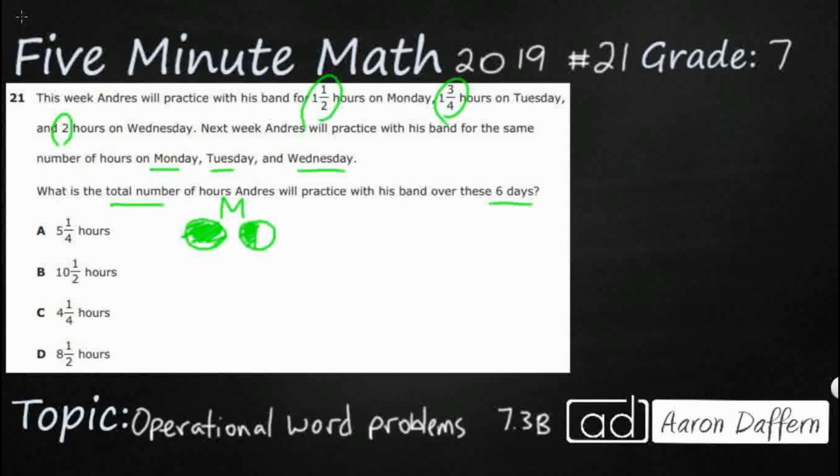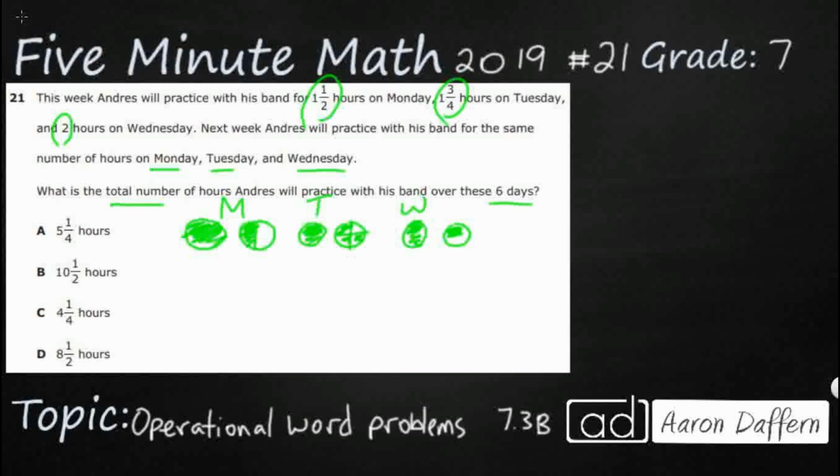So there's my 1.5. And then I've got my Tuesday. And so that's going to be my 1 3/4 here. So there's my 1. There's my 3/4. And then Wednesday's pretty easy, right? We're just going to draw 2 full, just like this.